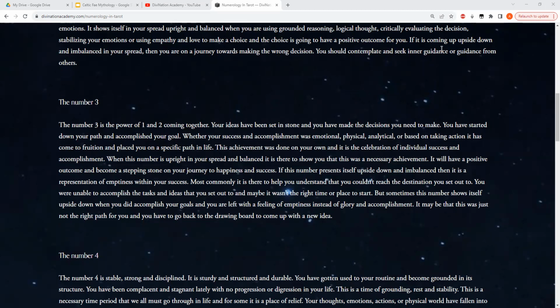So yes, the difference between the Three of Pentacles and the Six of Pentacles in tarot is that the Three of Pentacles represents a self-accomplished goal, something you accomplished on your own that has to do with your house or your money or your family or your friends, something that is pentacles.